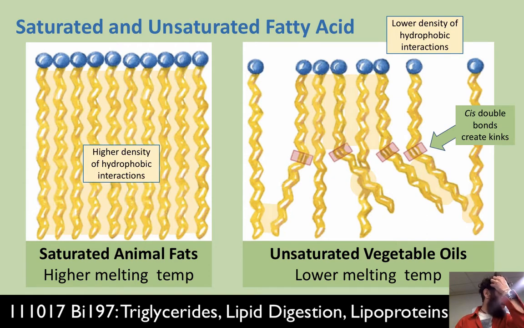Whereas on the right-hand side, where there are these kinks, there's significantly less hydrophobic interaction per square area, surface area of a surface of lipid. So that lipid that has congealed there is going to have a much lower melting temp. Going from that to a liquid where the fats are just like a bowl of spaghetti is going to be at a much lower temperature, all right, because there's fewer hydrophobic interactions to overcome.